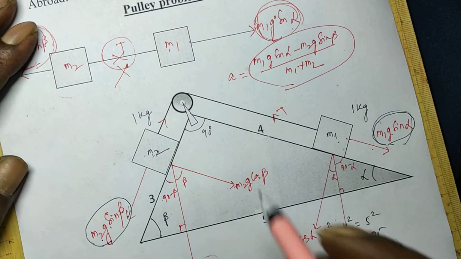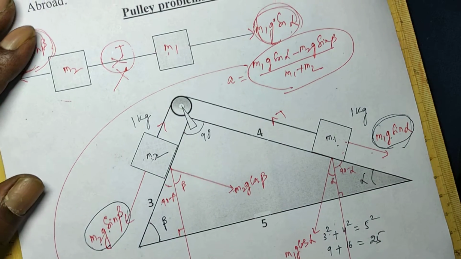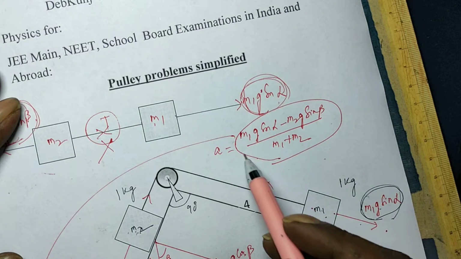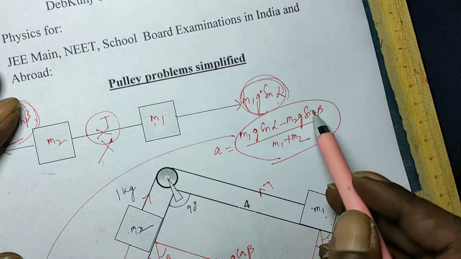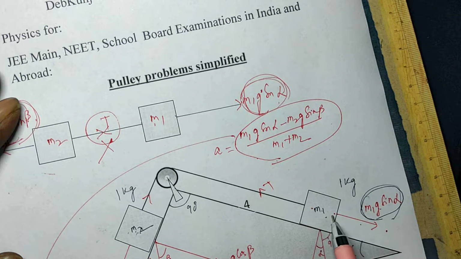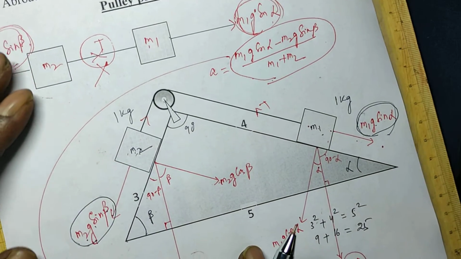If you put it here, I am assuming this M1 is sliding down, using this as the expression. By putting the values, if I get this as negative, then M1 is not sliding down, it's moving up, which means M2 is sliding down. So let us put the values.